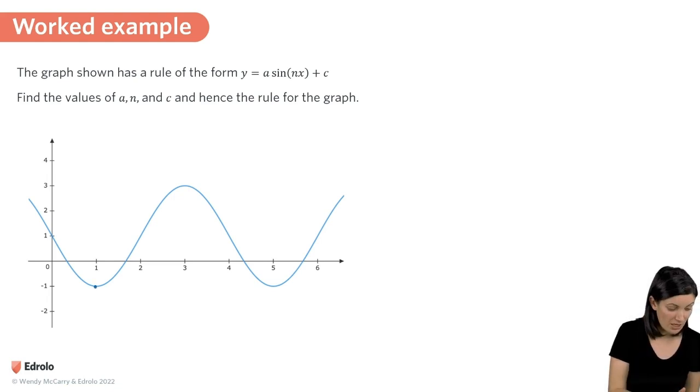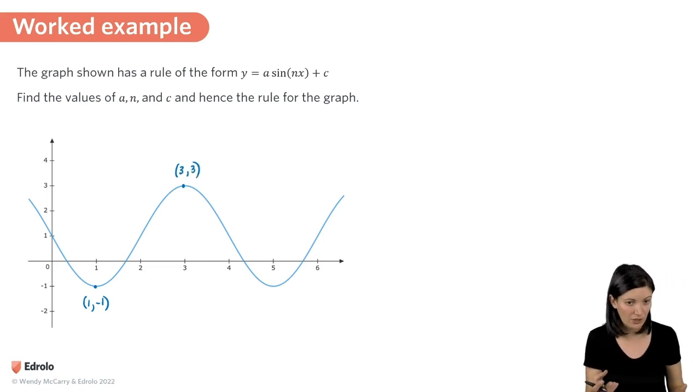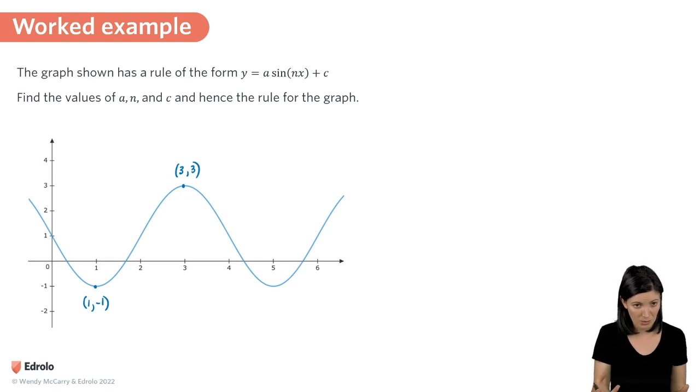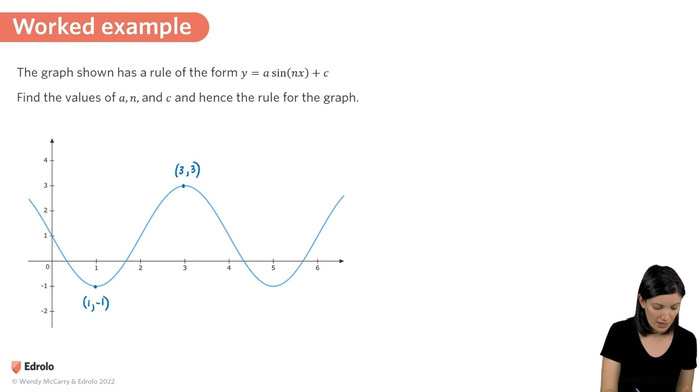We can see a minimum point here at (1, -1). We can see a maximum value here, this is (3, 3), and these will be obvious for you. If they're not obvious, then they're probably not an exact point. And then we've got another minimum value here at (5, -1).